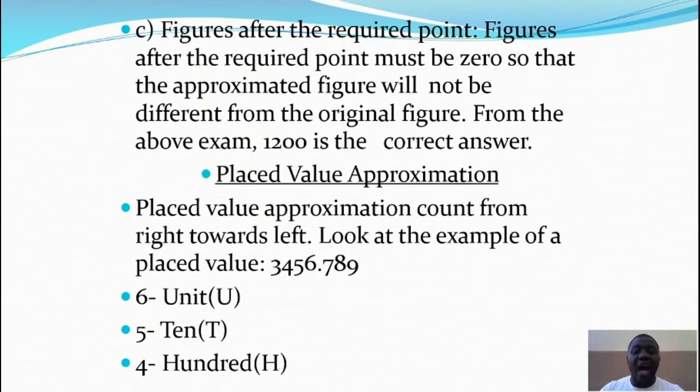The next figures after the decimal start with the tenth. So 7 becomes the tenth, 8 becomes the hundredth, and 9 becomes the thousandth. So these are the place values. Whenever you are asked such a question, you should use the place value as your required point.